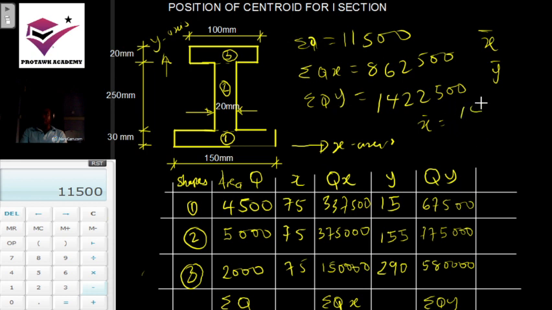So it will be 1,422,500 divided by 11,500, which will give us 123.695, which is 123.7.